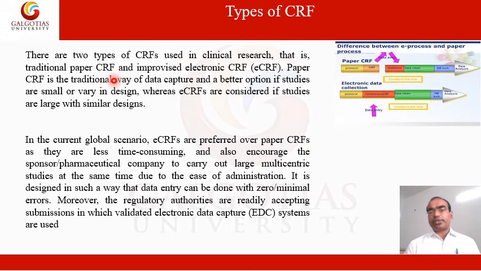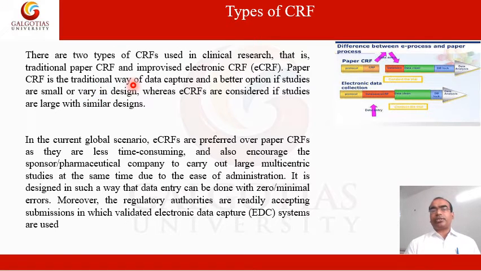There are generally two types of case report form in clinical research: one is paper-based and the other is electronic CRF. There is one more CRF mentioned in ICH, that is optical, but we are not going to discuss optical CRF because in India it is generally not used.